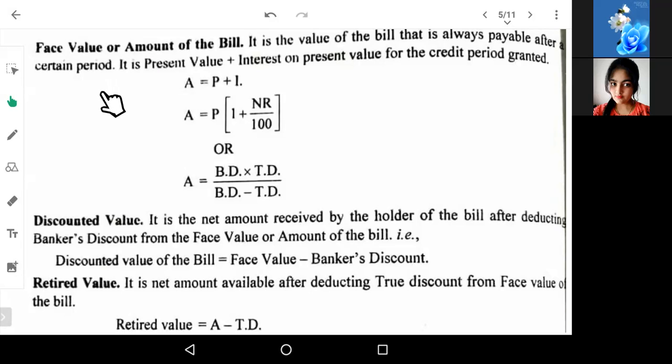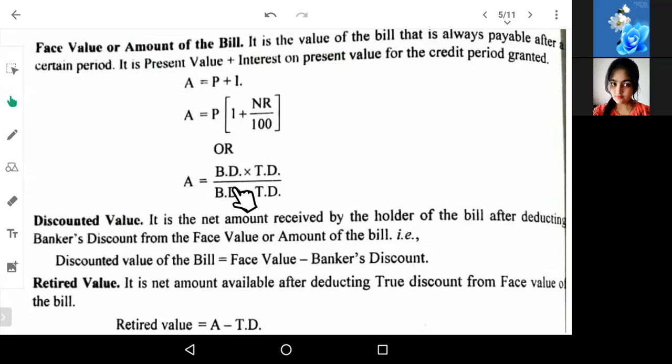Okay, so face value is nothing but present value plus interest on present value for the credit period granted. This is for the sake of formula that they have given to you, but overall the total amount should be taken. So amount is equal to P plus I. That is one formula. Now in the place of I, they have taken this P plus NR by 100.